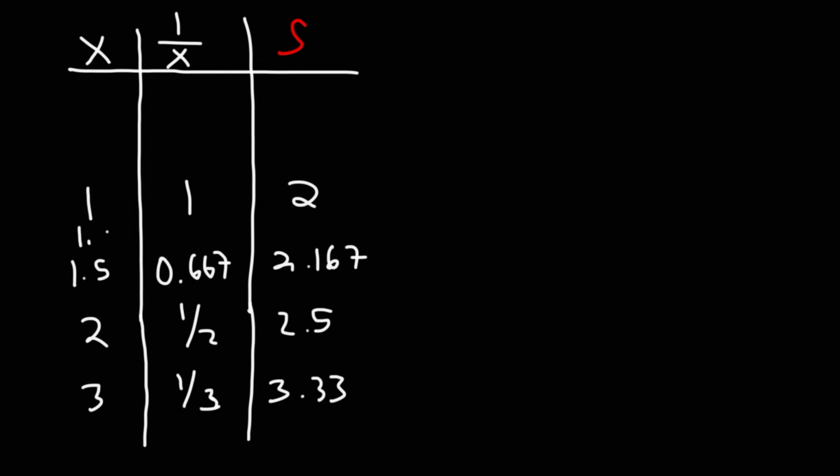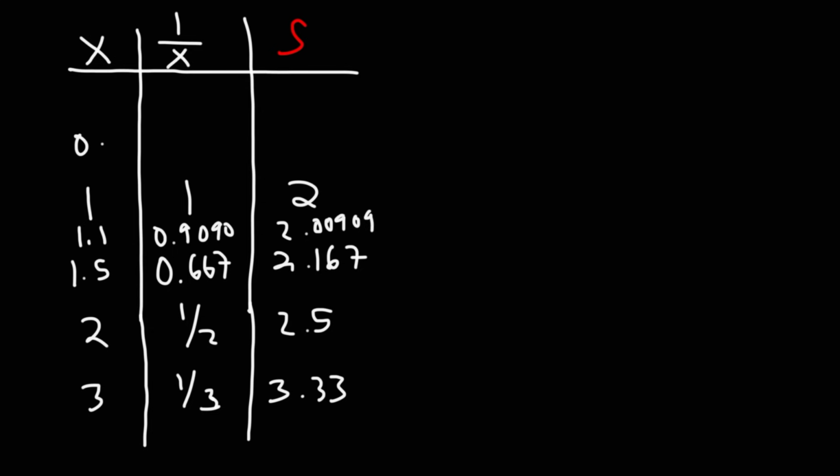If we were to try 1.1, 1 over 1.1 is 0.90 repeating, so that's like 0.9090. And if you add that to 1.1, that will be 2.009, which is more than 2.